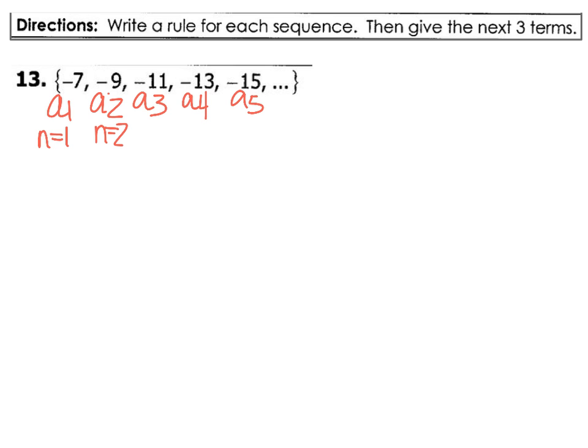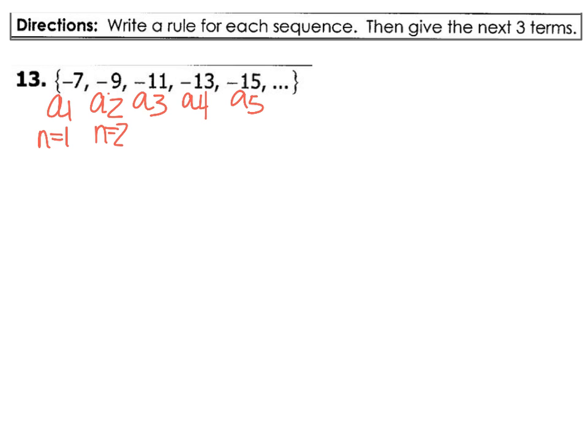All right, so in order to look for a pattern here, what we want to do is try to come up with a rule that works for every single term. So we say, all right, if negative 7 is the first term and negative 9 is the second term, what if we multiplied n by something and subtracted something? Look for a pattern here.